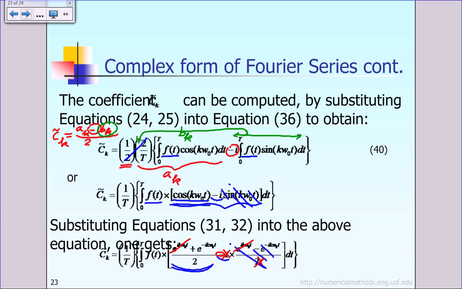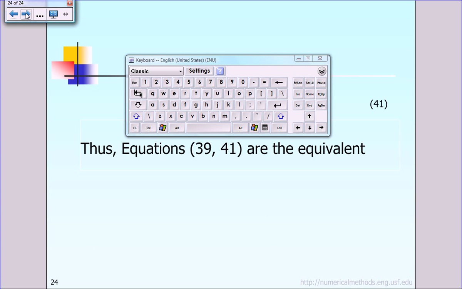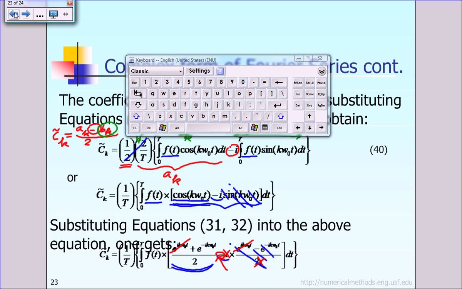So at the end, all you have left is this minus sign here, combined with this minus sign, and then you can add with this term in the front. So finally, what you have will be just this equation here.